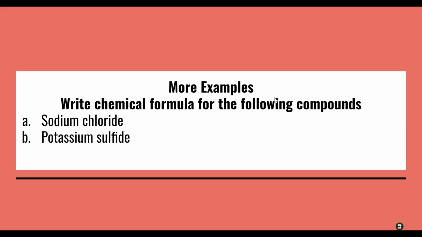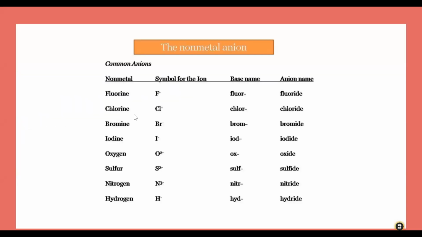Okay. This example, sodium chloride, sodium, we can get the symbol from the periodic table, right? And we know the charge is in group 1A, and then chloride, you come here, chloride is this. So this is the symbol for chloride. Sodium is always the same, cations are always the same as in the periodic table.